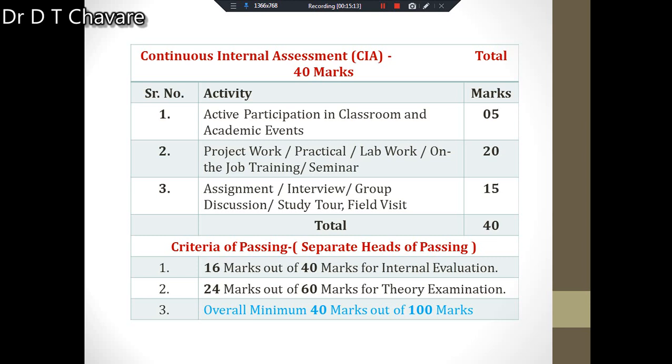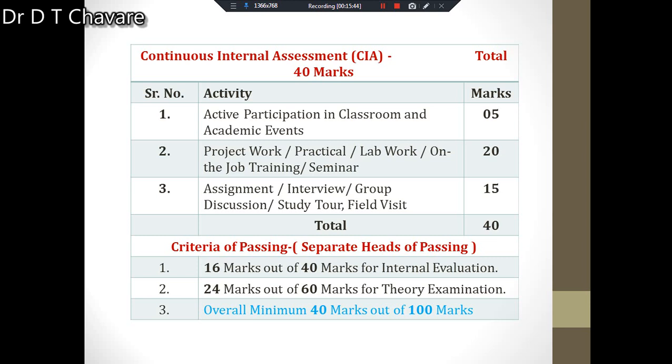It means that 40% marks you have to earn. And out of 60 also you have to get minimum 24 marks. In the theory exam, if you get less than 24 out of 60, you will be declared fail.